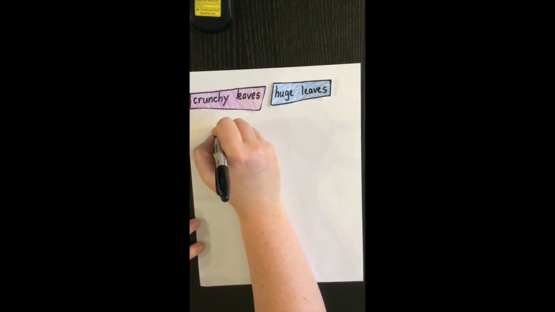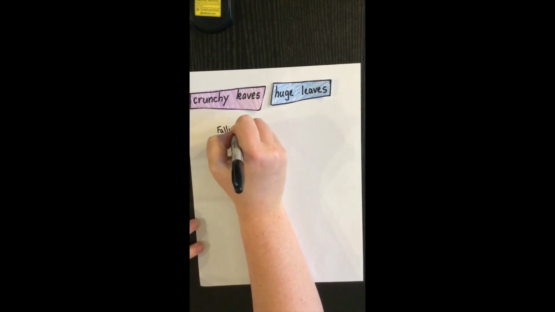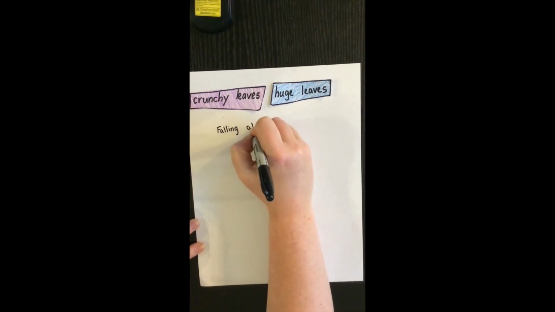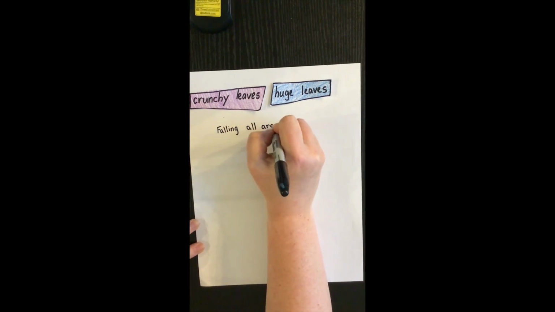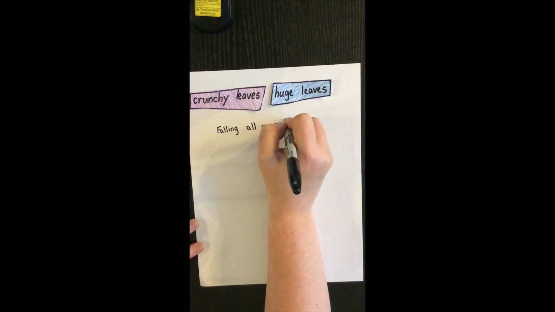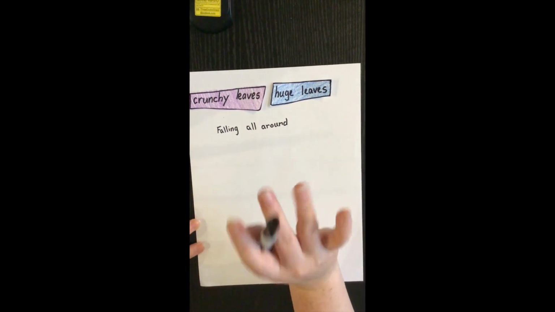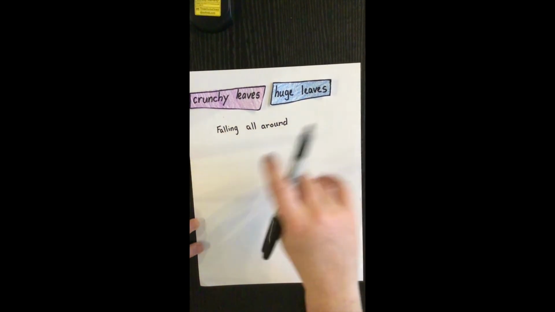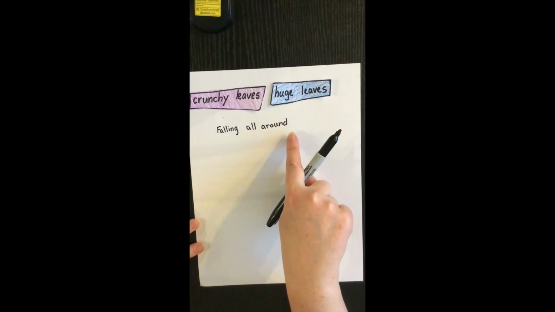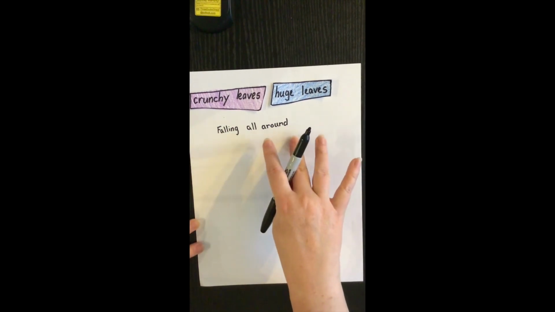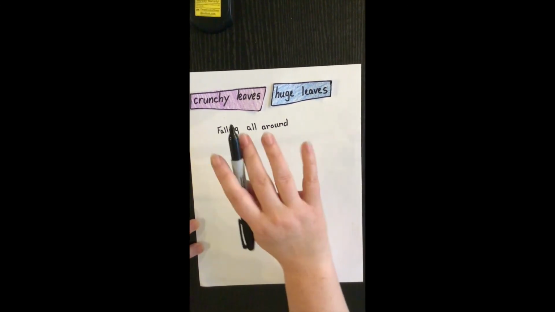So I'm going to write that sentence, falling all around. And again, this is completely optional, but if you do want to turn this into a poem, you can copy this and you can pause the video so you can spell things correctly, or you can do your own poem.